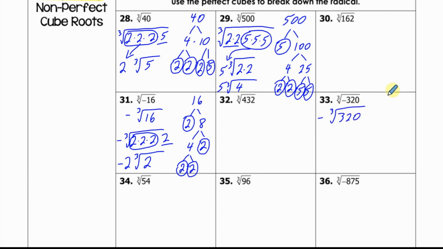All right, so 320, 32 times 10, 2 times 5. I'm not going to have time for this. I'm going to cut this one out.